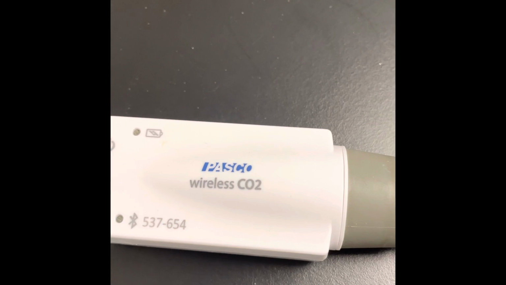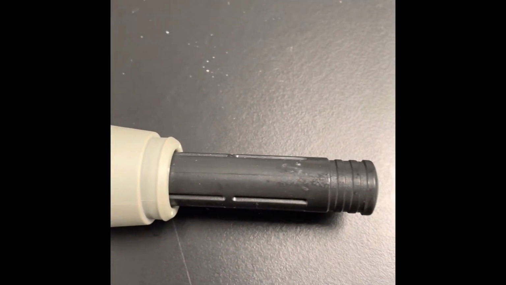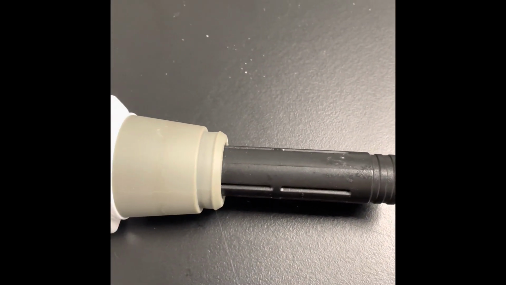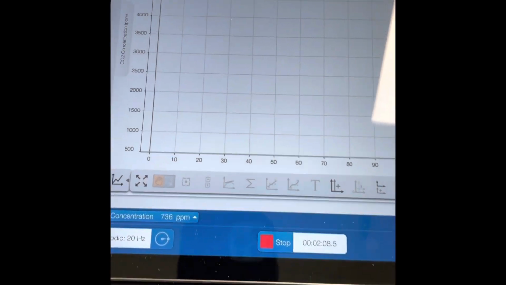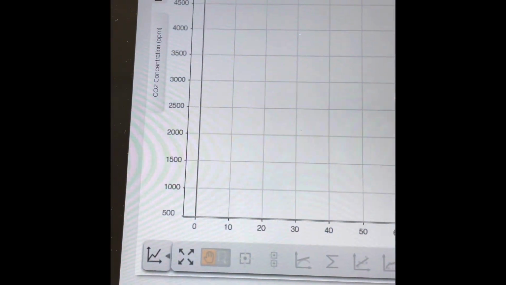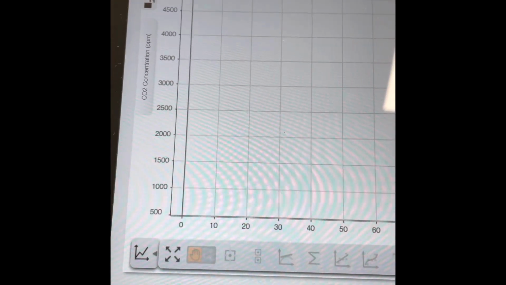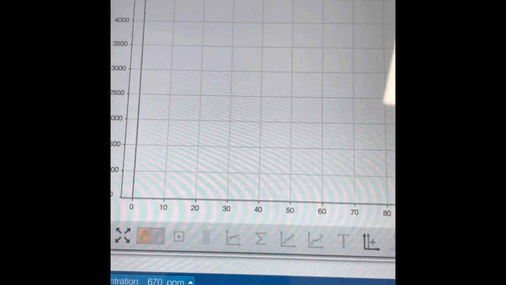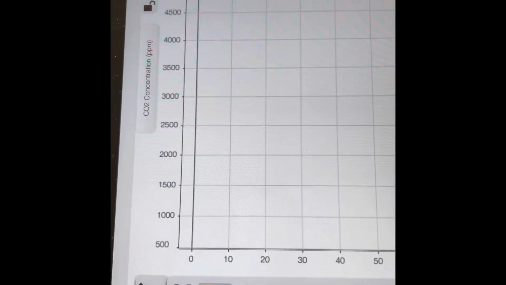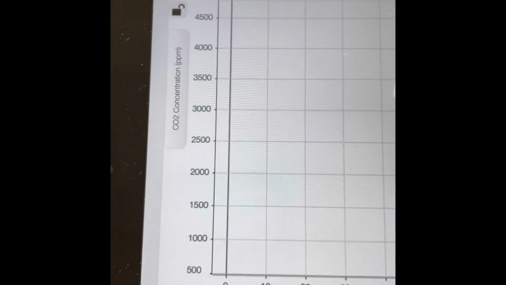So here is my carbon dioxide sensor. I'm going to Bluetooth the data over to the iPad here, and we'll graph the data. Take a look at the X and the Y axis. Notice the bottom is going to be time. The top is concentration.